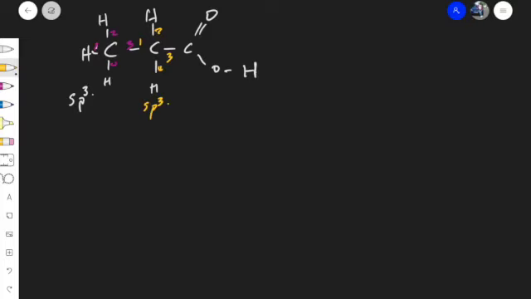But on this carbon, we have 1, 2, 3, so we've got 3 electron directions, so it is sp2 hybridized. So this is sp2, this is sp3, and this is sp3.